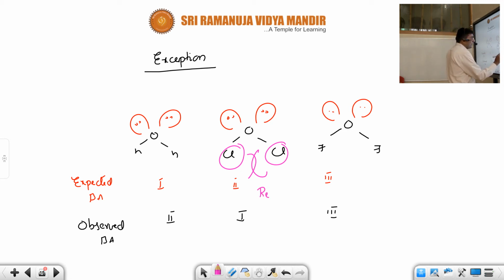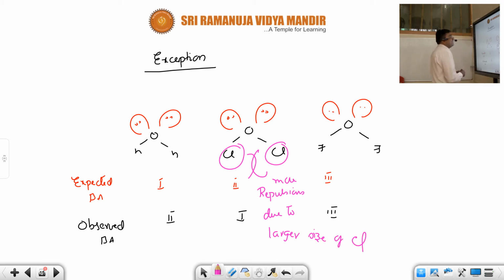So more repulsions due to the larger size of Cl. According to the electronegativity of the surrounding atom, fluorine is greater than chlorine is greater than oxygen. So bond angles would be reversed, but here it is not happening. Why? Because there is an exception.